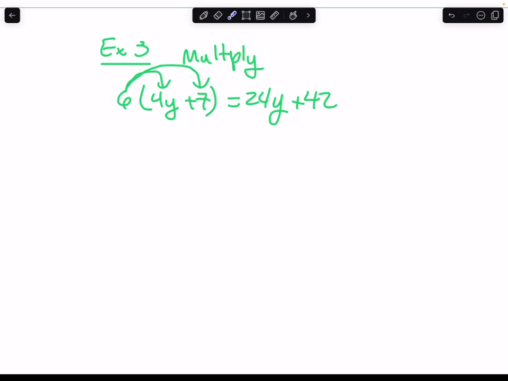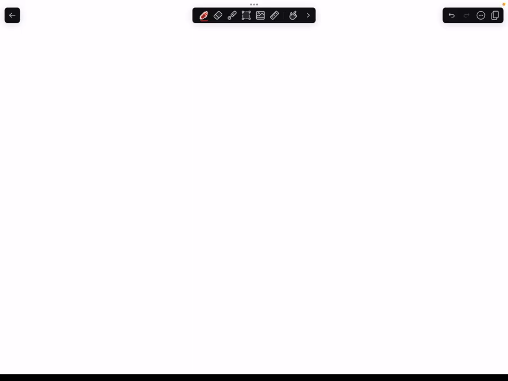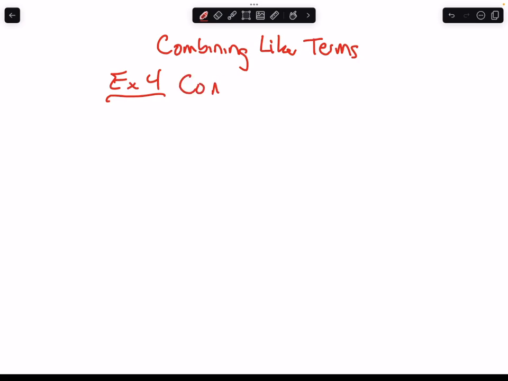Let's now talk about combining like terms. Example number 4. We want to combine like terms. So part A, 7x plus 3x.